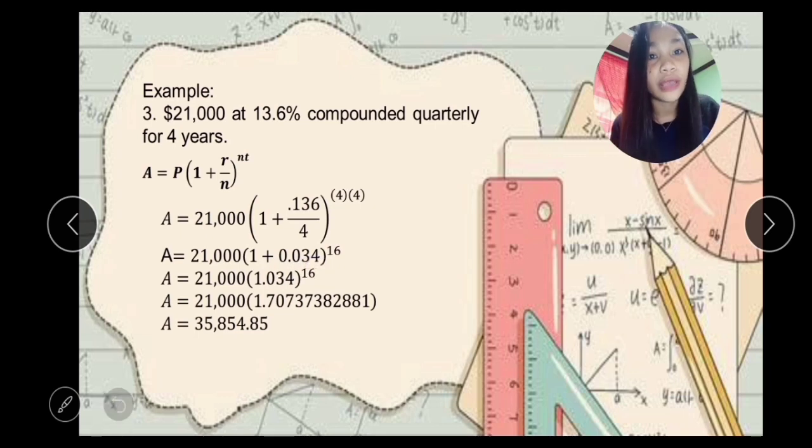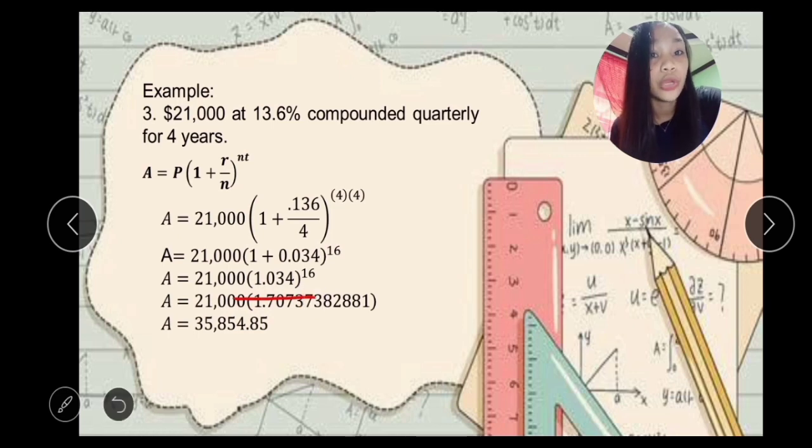Next we multiply nt, which is 4 times 4 equals 16. Then we add in the center: 1 plus 0.034, so the result is 1.034 to the power of 16.